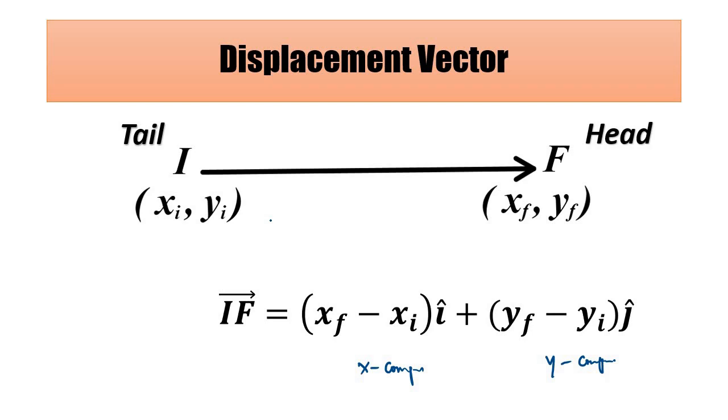For x you will be using i cap, for y you will be using j cap. Okay, xf minus xi i cap plus yf minus yi j cap, where xi, yi is the initial position coordinates, xf, yf is the final position coordinates.